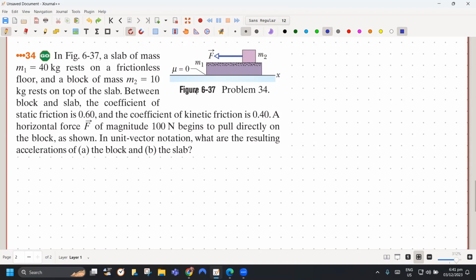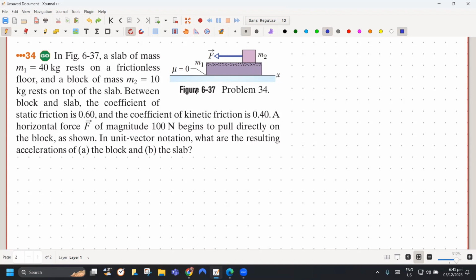The coefficient of static friction is 0.6. The coefficient of kinetic friction is 0.4. A horizontal force of magnitude 100 newtons begins to pull directly on the block as shown.